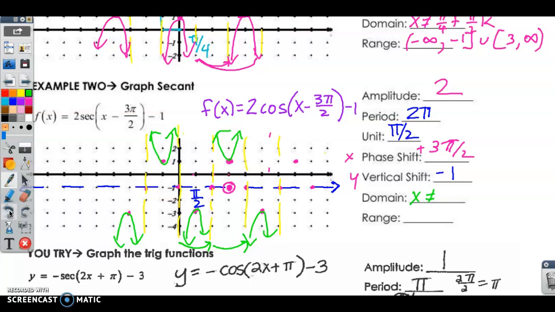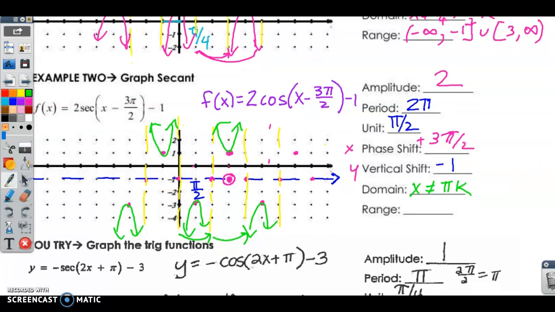It's not wrong to write pi plus pi k, but it doesn't matter what k is, so you can just put pi k. You might have to have that explained to you again. So that's the domain, I think, is the most difficult concept for most people. Negative infinity up to and including negative 3, union with 1 to infinity. Hope that's right.